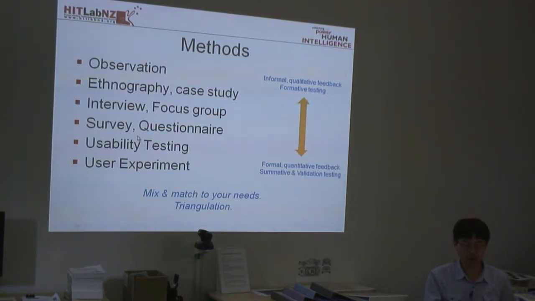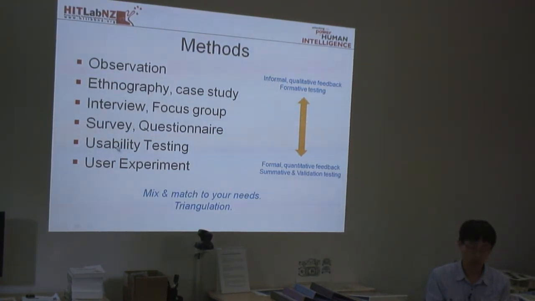Surveys are basically asking a multitude of people to fill out a questionnaire. The questionnaire is basically written questions, such as, if you were testing multiple options, which one did you like most, or which one do you think is the most efficient, and so forth.